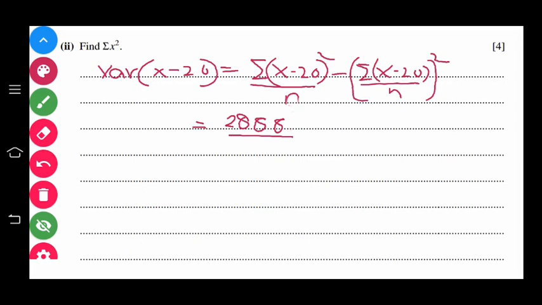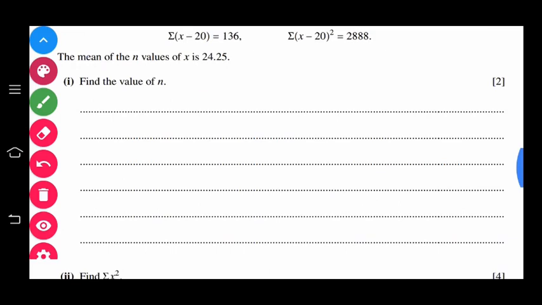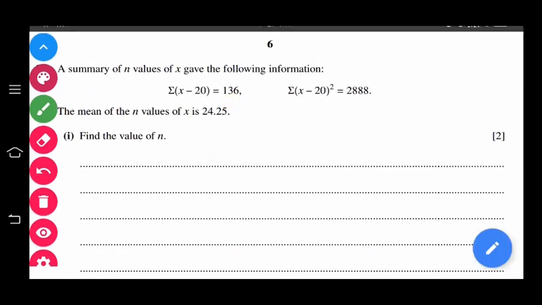Just now we found the value of n as 32, minus sigma x minus 20 by n. You know, sigma x minus 20 is given as 136. Is it 136? Yes, it is 136.